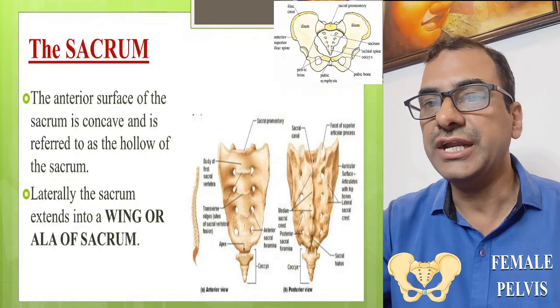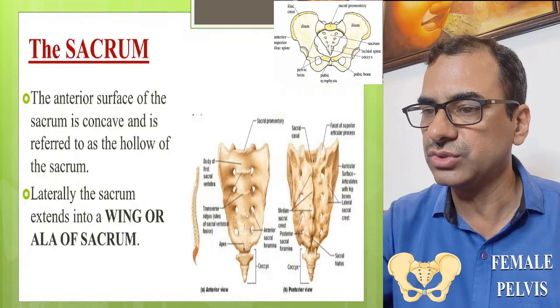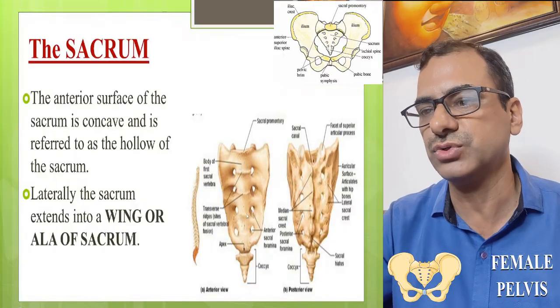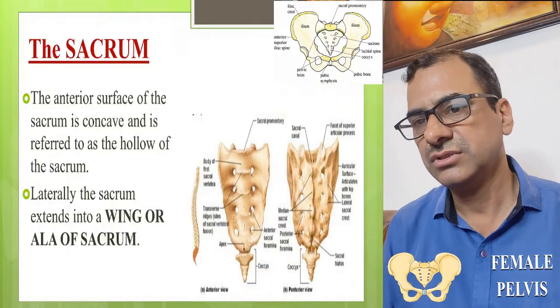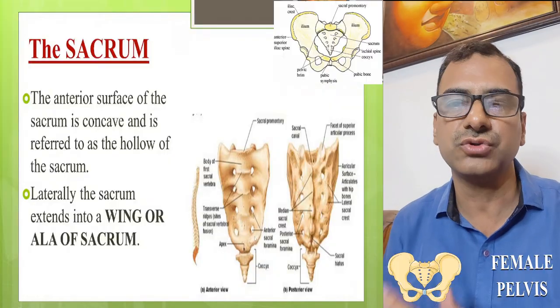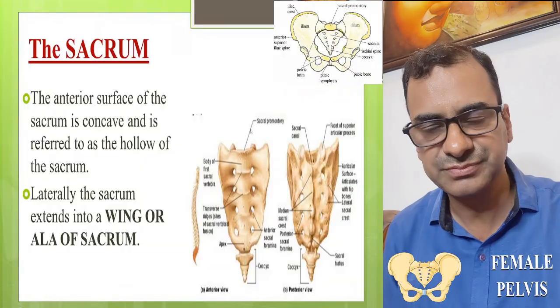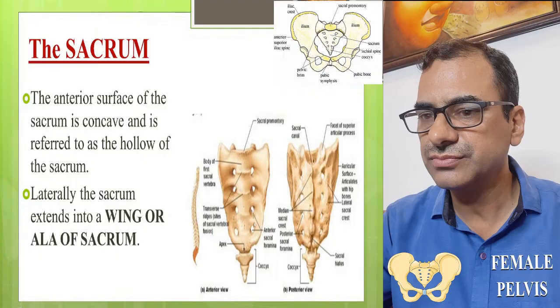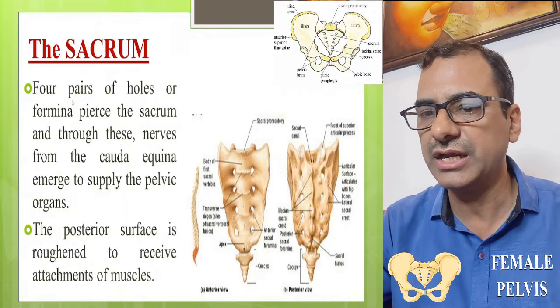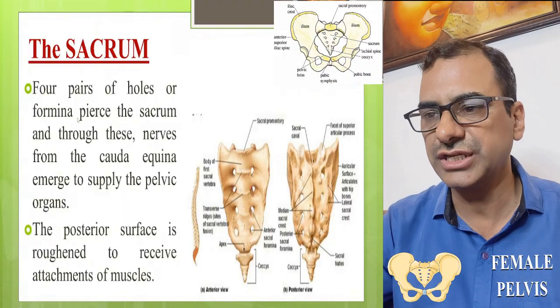The anterior surface of the sacrum is concave. So this one is anterior and this one is posterior. Anteriorly it is concave, and this concave part is known as the hollow of the sacrum, and laterally there are wing-like structures. These are known as the wings or ala of the sacrum.